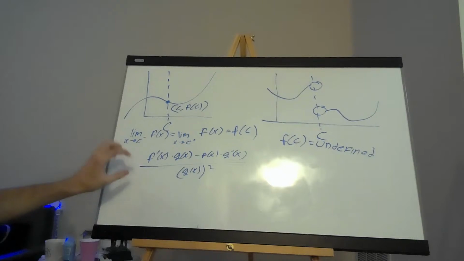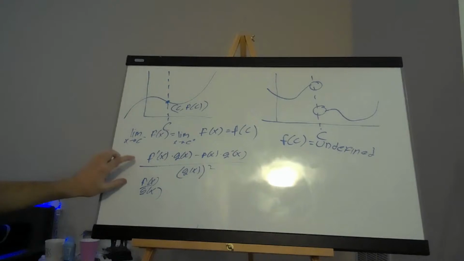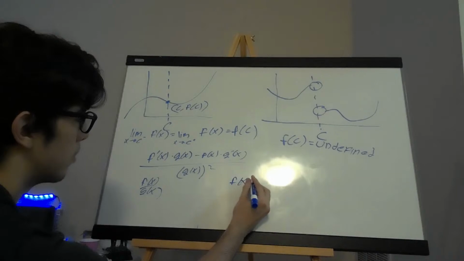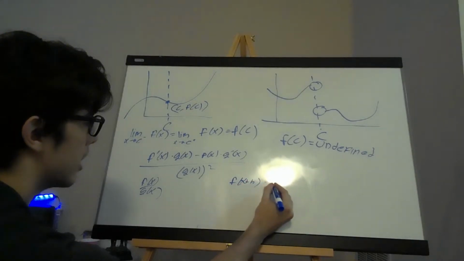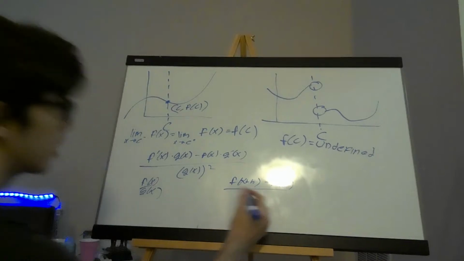That's how you take the derivative of f of x over g of x. The difference quotient is f of x plus h minus f of x, over h.